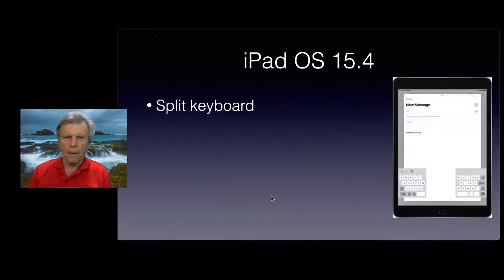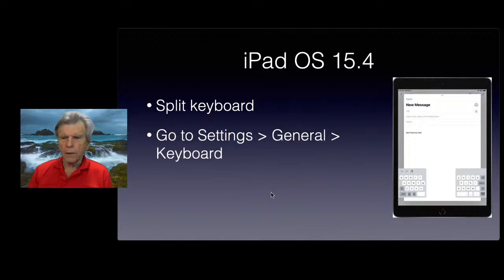So let's talk about a feature in iPadOS 15.4, and that's the split keyboard. As you can see there on the right, you can set up the keyboard so that you can hold your iPad and type with your thumbs. Sometimes that's easier than trying to hold the iPad with one hand and type on the glass keyboard with the other one.